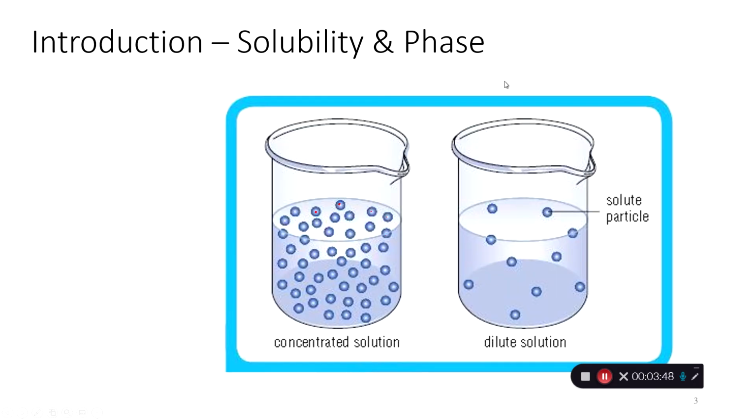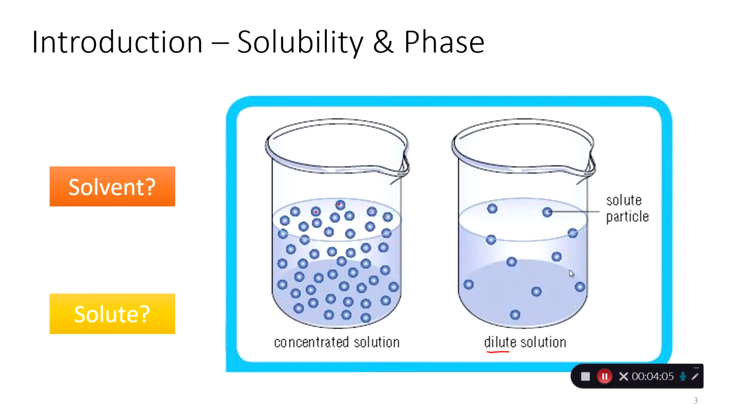So here we have solute particles creating two different types of solution. On the left is a concentrated solution which has a big number of solute particles, and a dilute solution has a small number of solute particles. And the solvent is the liquid itself. Solvent plus solute will give you a solution.